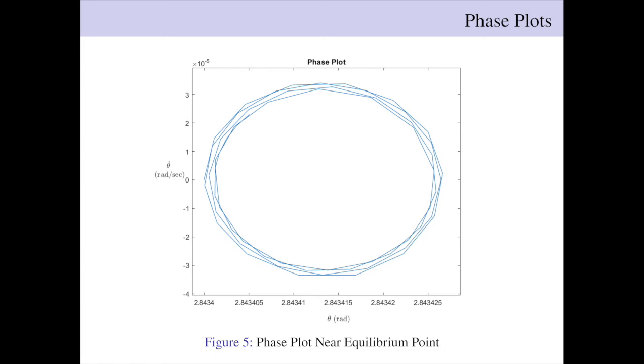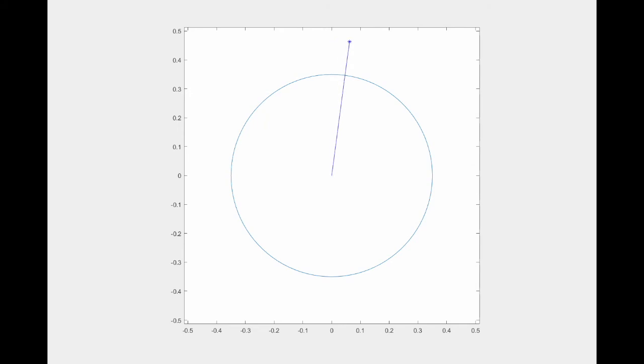We see small, stable oscillations both in theta dot and in theta. Using MATLAB, we were able to generate an animation in order to visualize our system with very promising results. Our model yielded behavior very similar to what we see in the video.